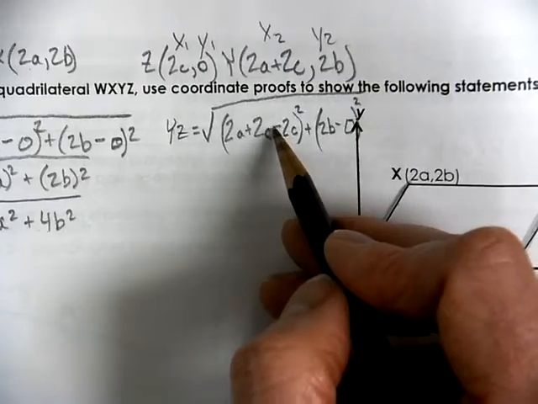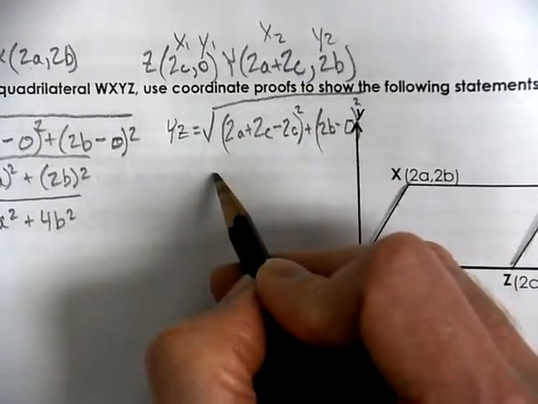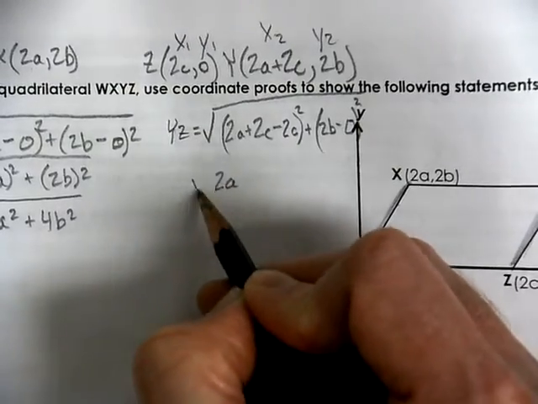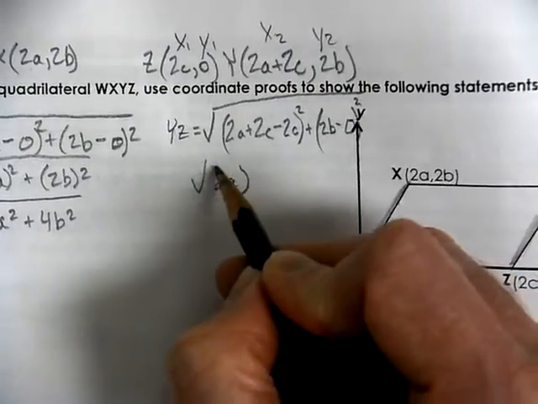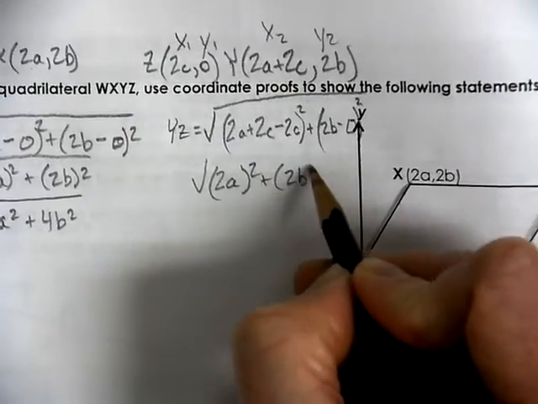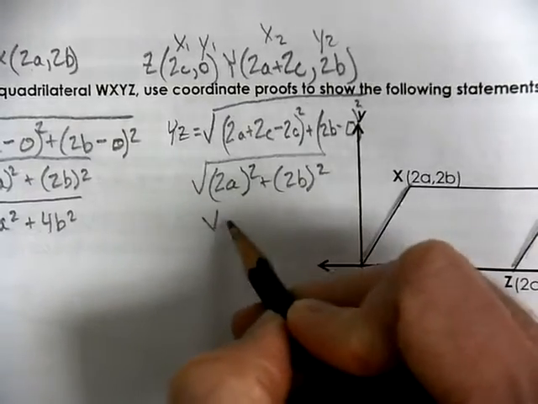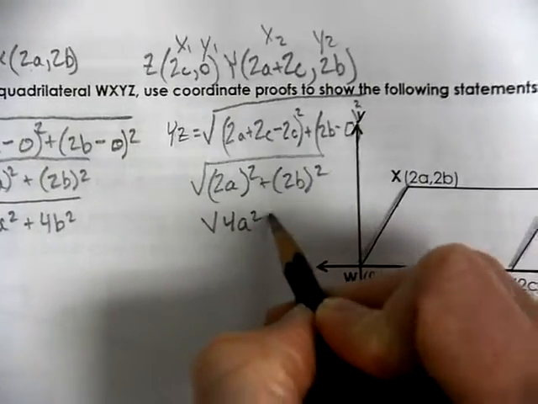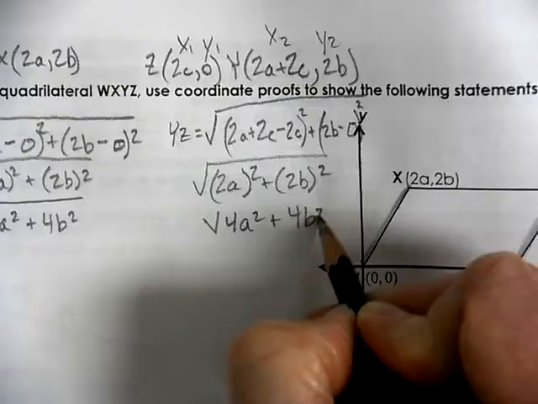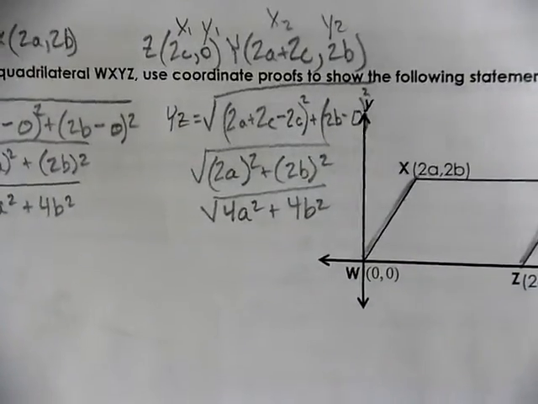The 2C minus 2C gives you 0C, so all you're left with is the 2A portion. Here we have 2B squared. And we square that, and we square this, and that's as far as we can go.